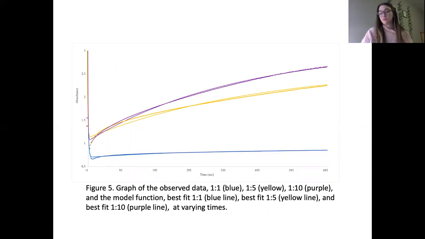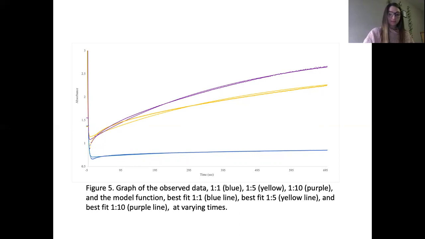So for every 1 mole of chromium we added, we were adding 5 moles of hydrogen peroxide to solution. And we saw that there was an increase dependent on the amount of hydrogen peroxide we were adding to solution. So that hydrogen peroxide is in our slow step, or rate determining step, for whatever this unknown second reaction is.